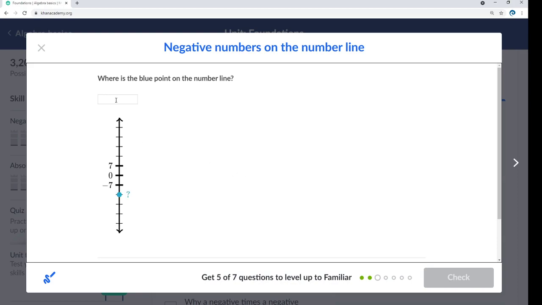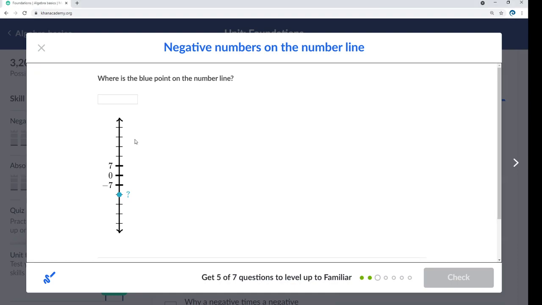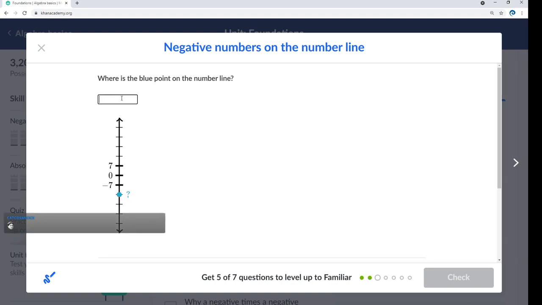Where is the blue point on the number line? Here we go. Now they're trying to throw us for a loop. Okay, because the number line is now vertical, which means everything changes, right? Everything is totally different. But not really. It's a line. So here's 0 and then -7, and so each tick is 7, so this is -14, right?